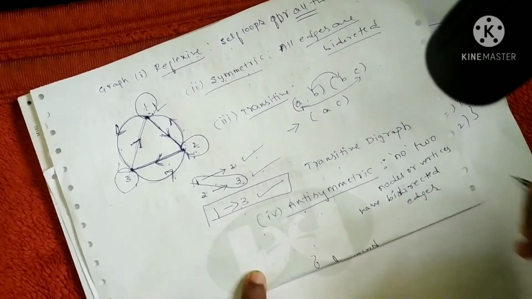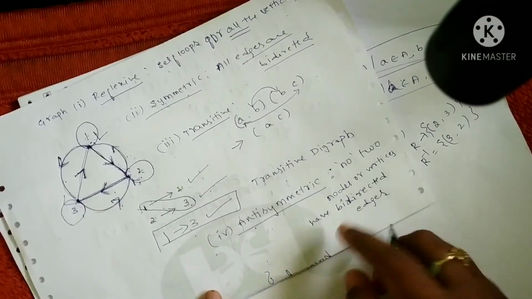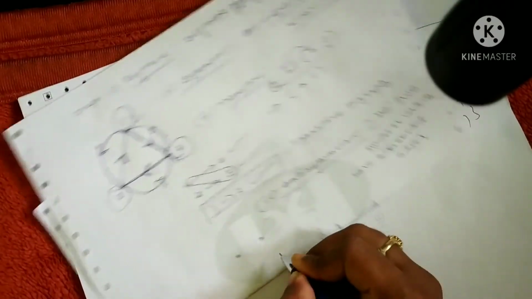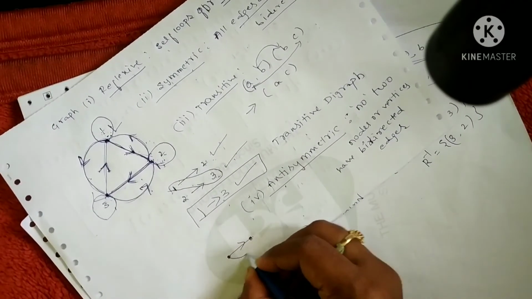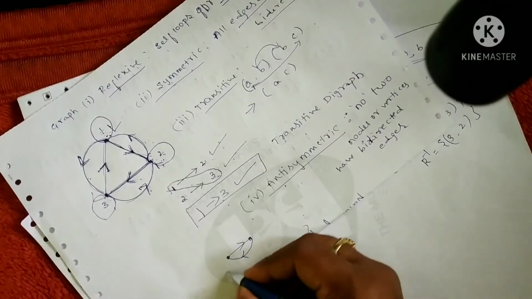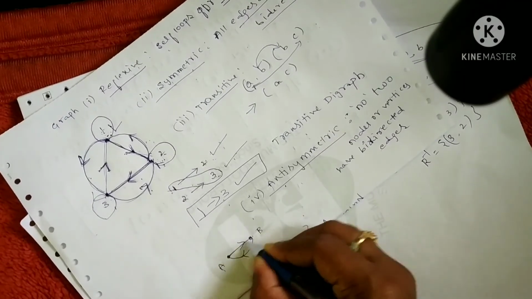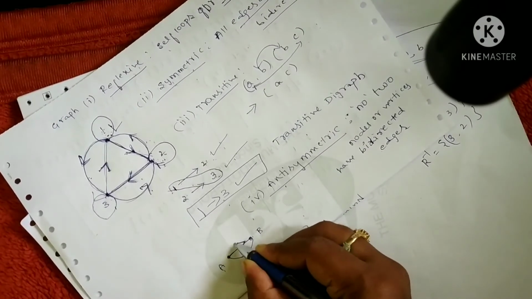Bidirected edges meaning is that between any two vertices, we should not have something like this. Bidirectional in the sense both the directions.